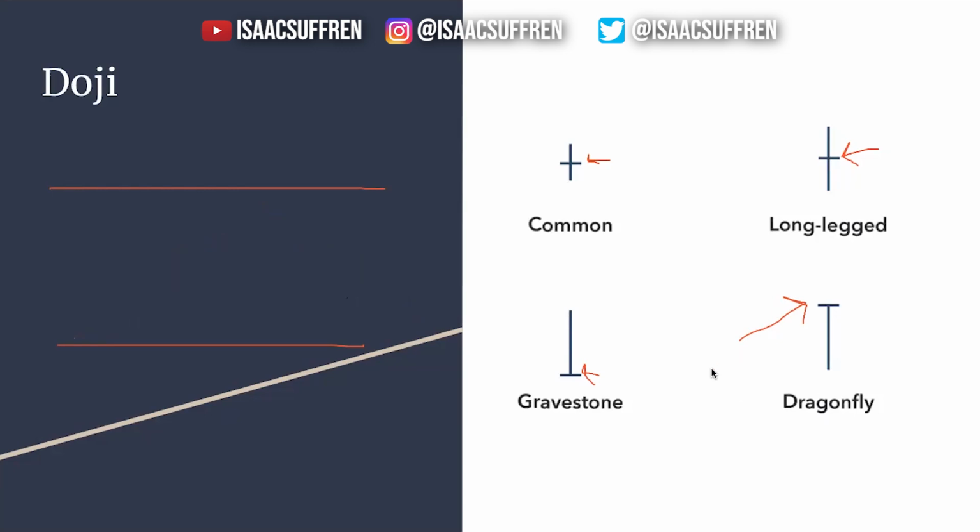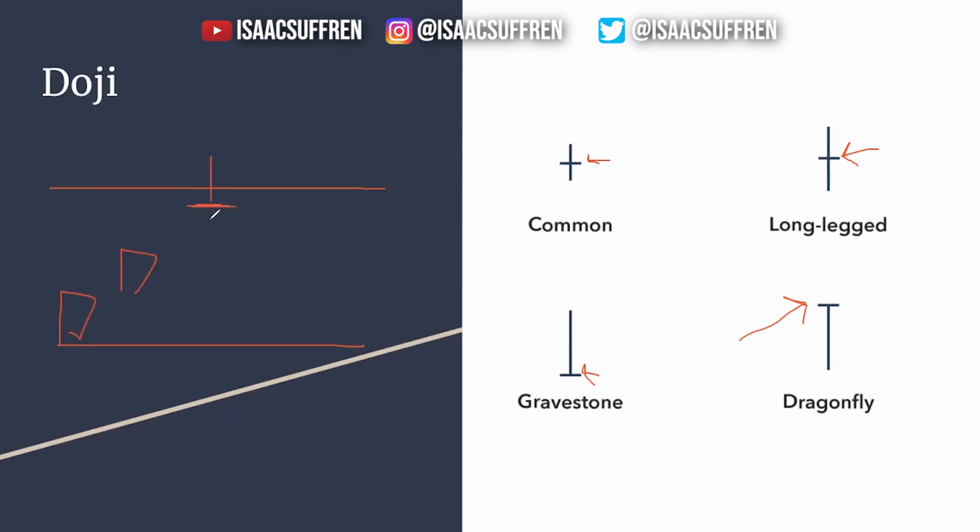But I would take into account that for a gravestone, you can see there was a move up, and then eventually the buyers tried to push the price higher, but couldn't because the seller stepped in again and pushed the price back down to where the candle opened.